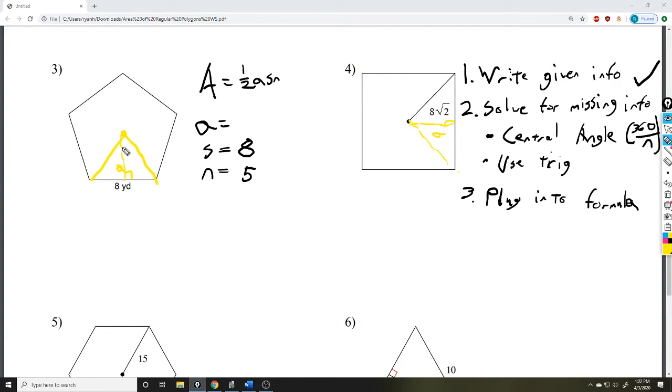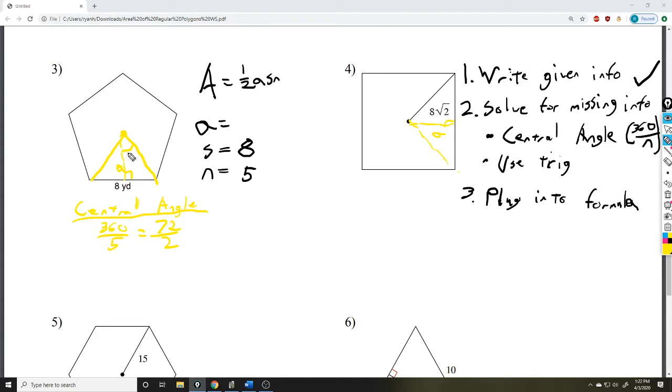But over here, our aim is to get this angle. Central angle. We're going to take 360 and divide it by our number of sides, which is 5, which gives us 72. And we're going to cut that in half. Always cut it in half.